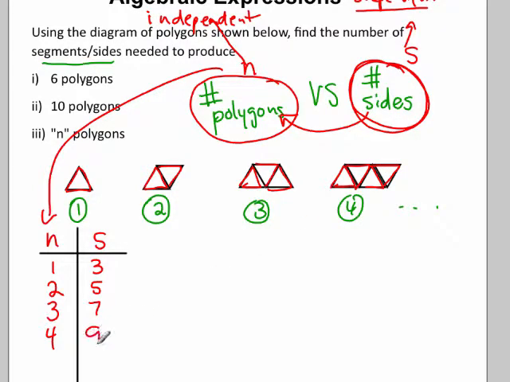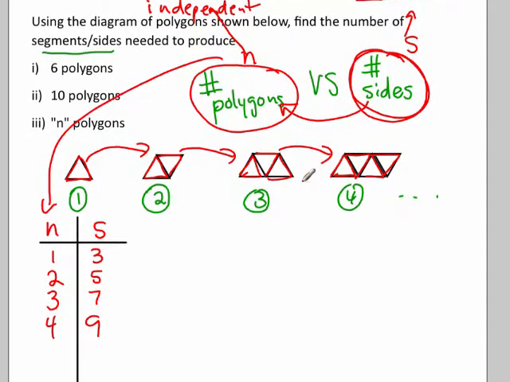Now, I'm thinking that way just because I'm looking for a pattern. So I can see that every time I go from diagram to diagram, I'm going up by 2 sides. That might be helpful later. Alright, so if I want to know the number of sides in 6 polygons or 10 polygons, I could simply extend my table.